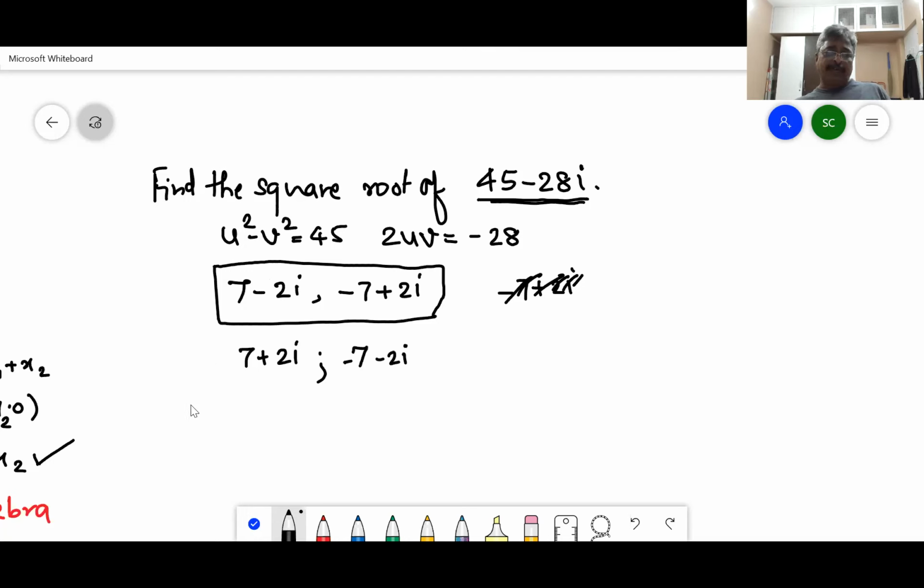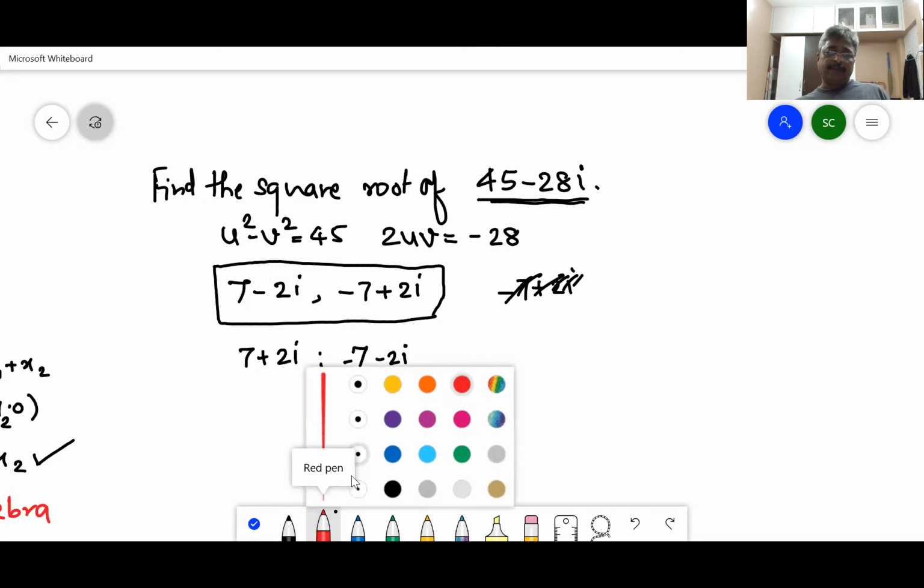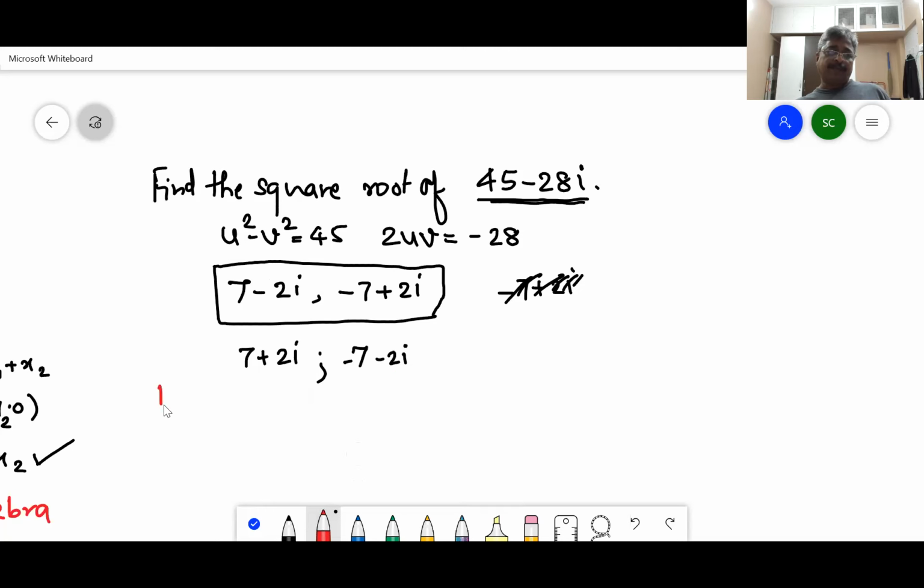Now your speed should be better than earlier. Find the square root of minus 9 plus 40i.